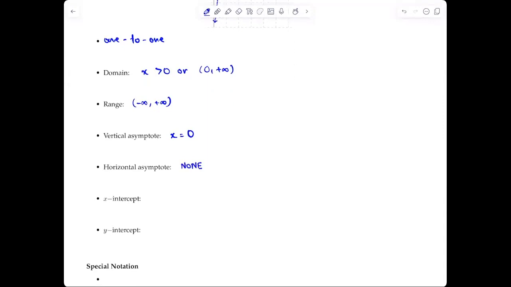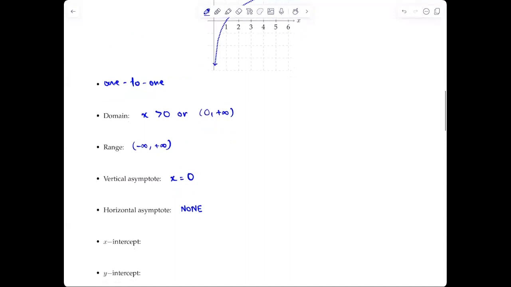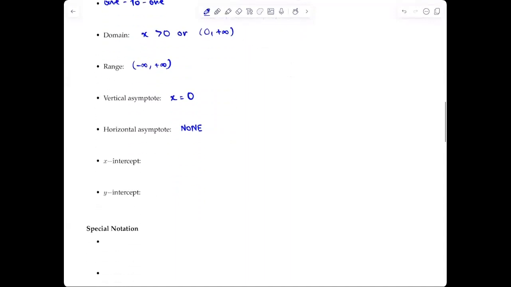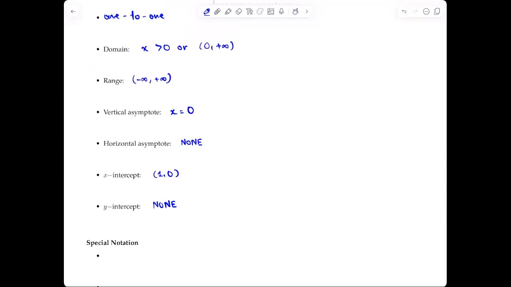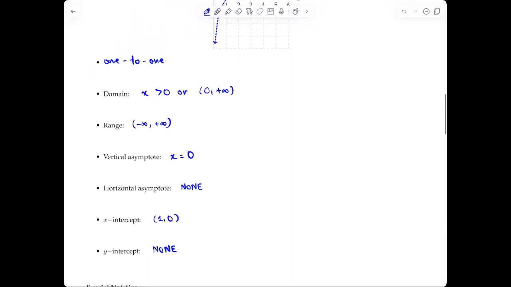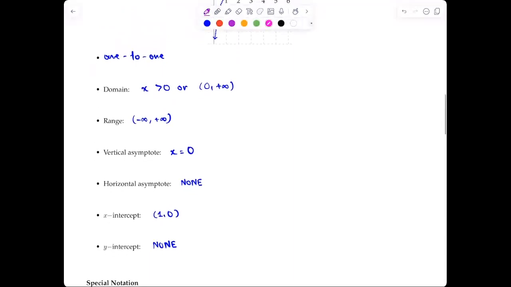You always have one x-intercept. In this case, it is going to be (1, 0). In this case, there's no y-intercept, but that's not always the case. It depends on the function. You may have one y-intercept. So let me note that here.